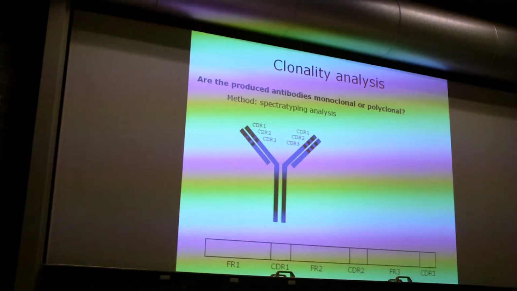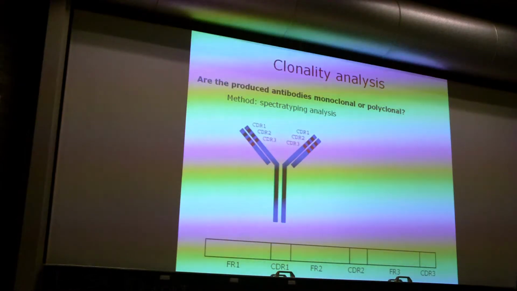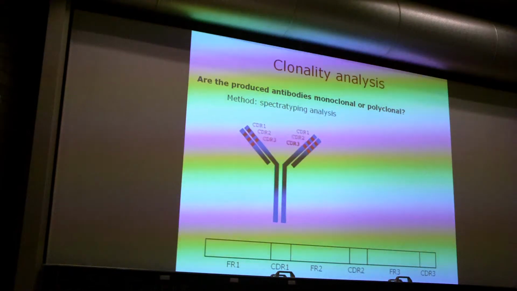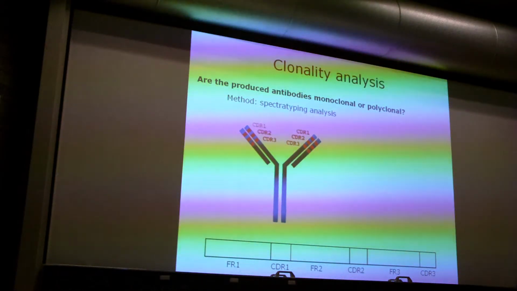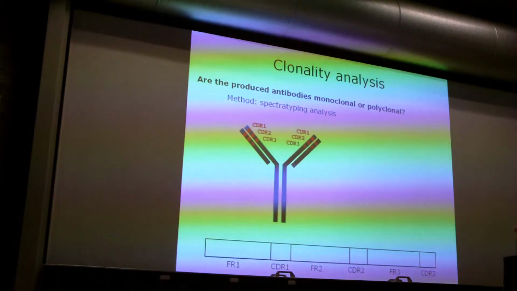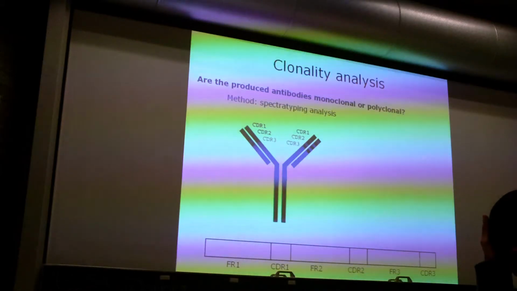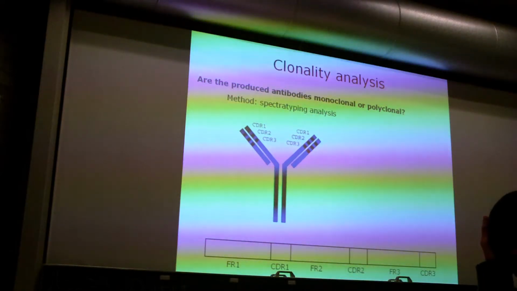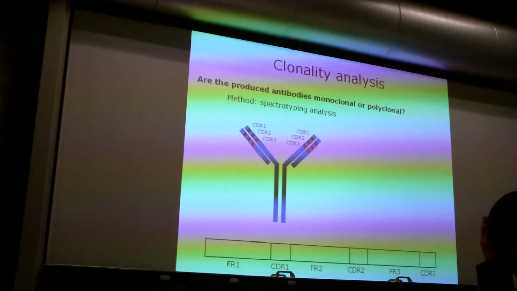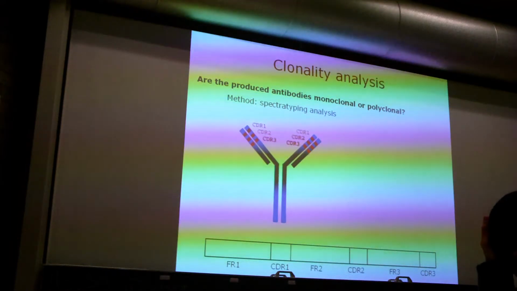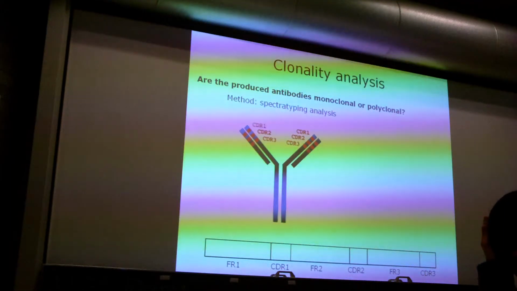So then the next question is, when you've got a clone, is this really monoclonal? Monoclonal meaning that all of the B cells produce the same antibody. Polyclonal meaning the B cells make different types of antibodies. The way that we can differentiate the antibodies is by looking at the length of the CDRs.